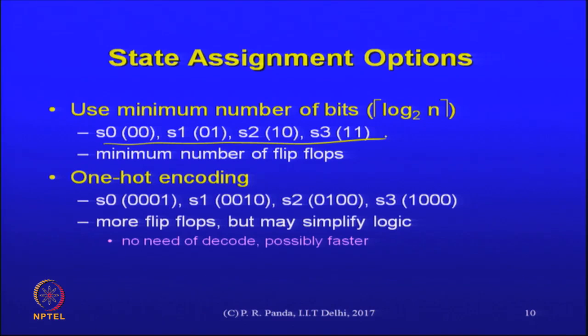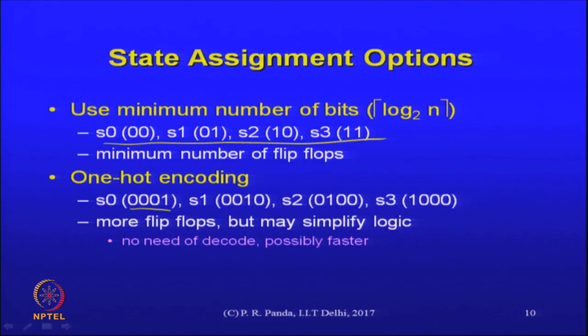But that is only one. The other extreme you might be familiar with is what is called a one hot encoding. I use as many bits as the number of states. So, that would mean that if I have 4 states, then I use 4 bits, and the encoding could be such that the corresponding bit is 1 and all the others are 0, or it could also be the other way around, which is all the other bits are 1 and for that state it is 0.